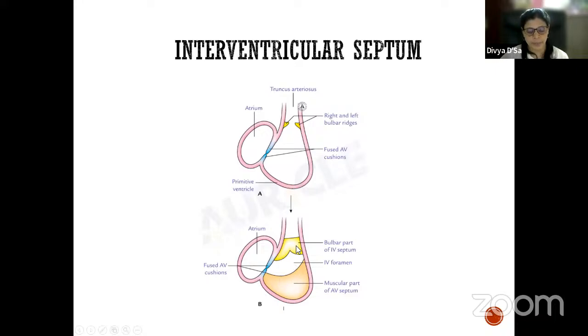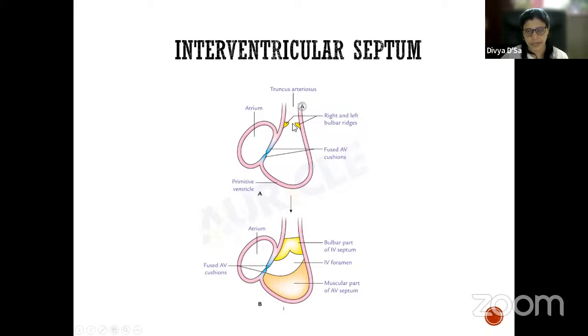Next will be the bulbar part to develop. So what happens here? It develops from the right and left bulbar ridges, two ridges. Now, this is the primitive ventricle. This will be the bulbar part. From this upper, conical part of the primitive ventricle, the common ventricular chamber, two bulbar ridges will develop, right and left.